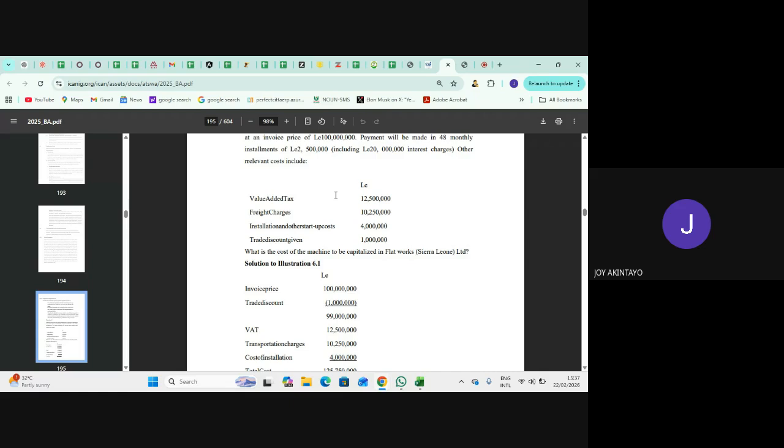So what is the first thing that we need to consider if we are to determine the cost of an asset, before other costs?